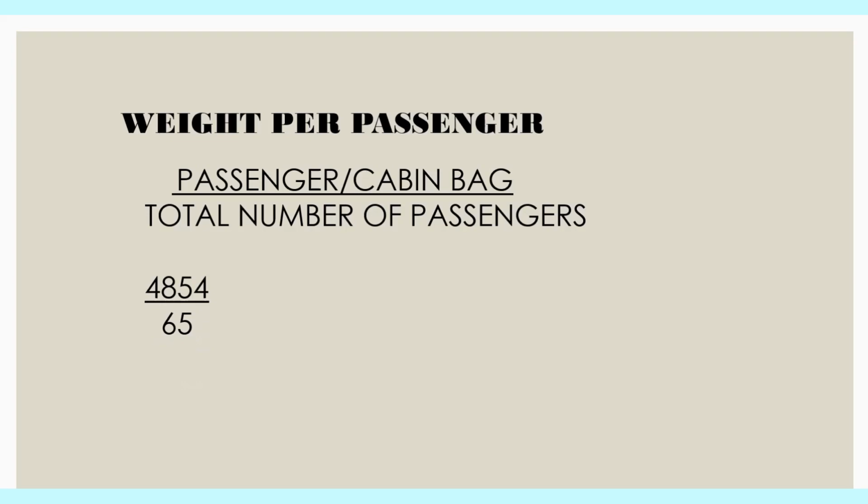On this flight there were 65 passengers, excluding the infant, but it doesn't make a difference if we even take that into account. And if we divide these two, on this particular flight it was 75 kg per passenger on average. So on average one person weighed 75 kilograms.